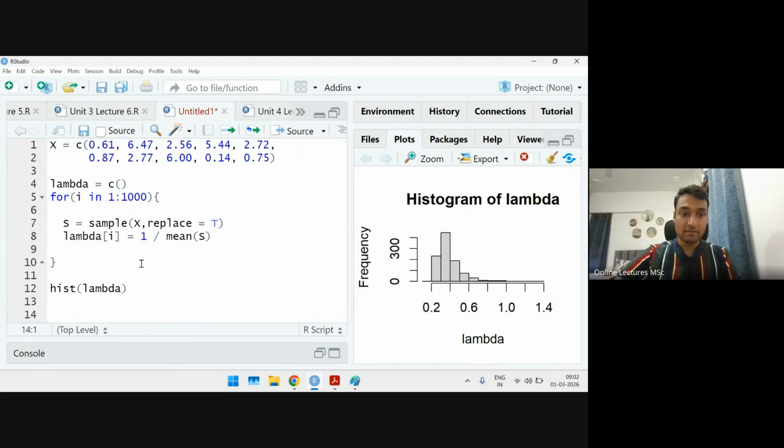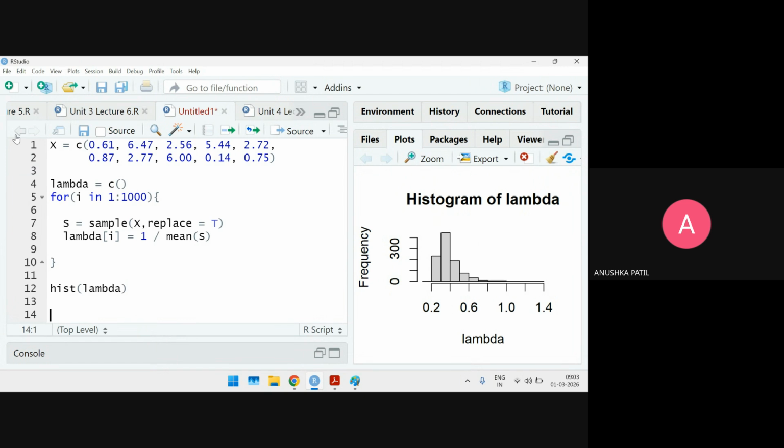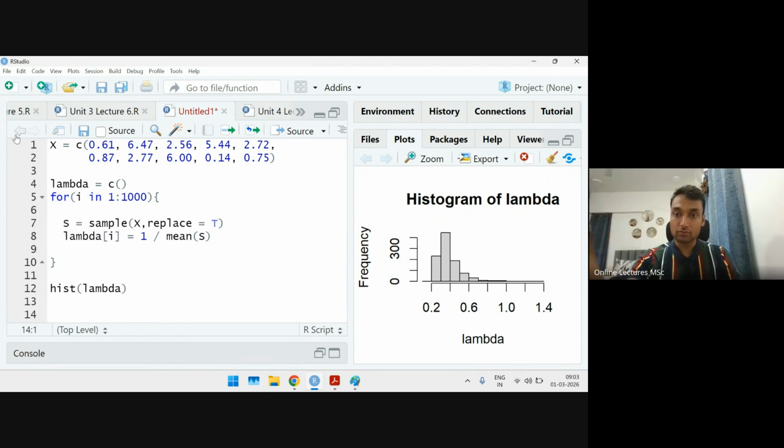Now if you see the program, do you see me using any distributional information to work around lambda? No, there's no chi-square, there is no normal, there is no t. Even if it is positively skewed, I don't care if it is following gamma distribution. Bootstrap doesn't care if it is following gamma, exponential, or chi-square. Now I don't want to go back to the theory of distribution.